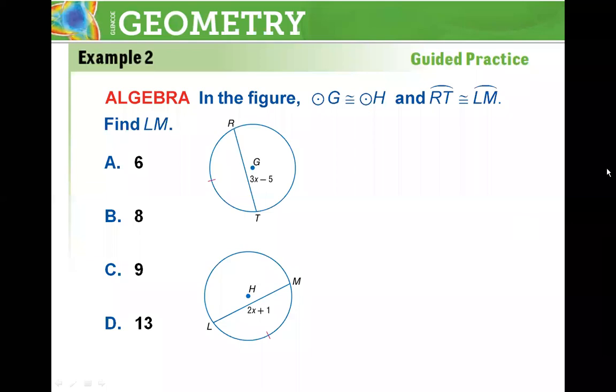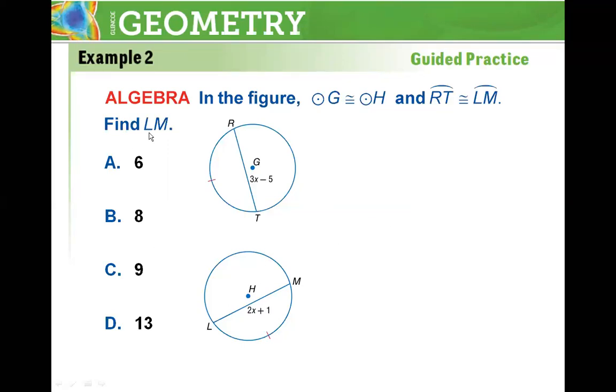First, I need to solve this example. It's related to algebra. In the figure opposite, circle G is congruent to circle H, and the measure of arc RT is equal to the measure of arc LM, so arc RT is congruent to arc LM.